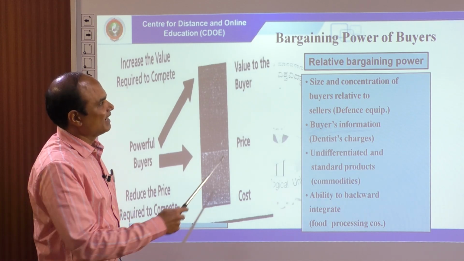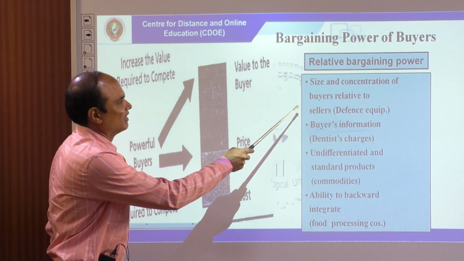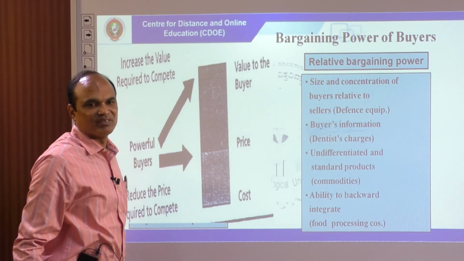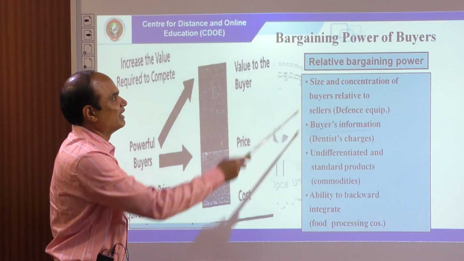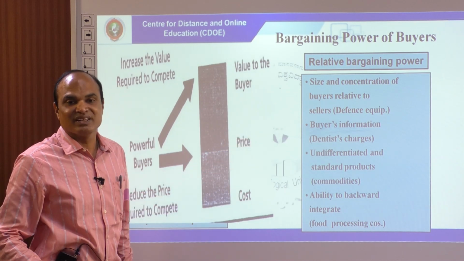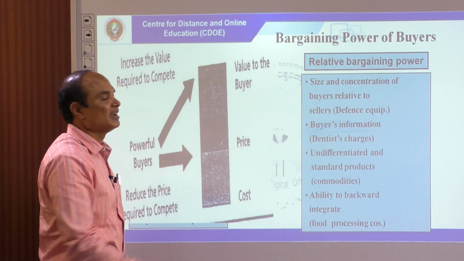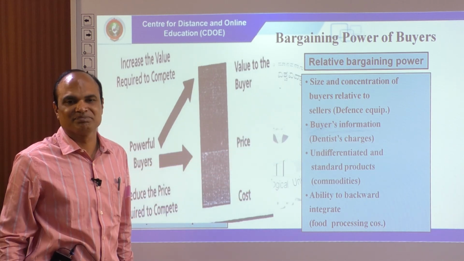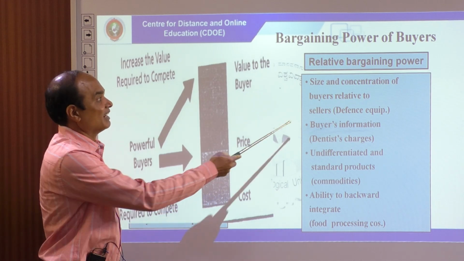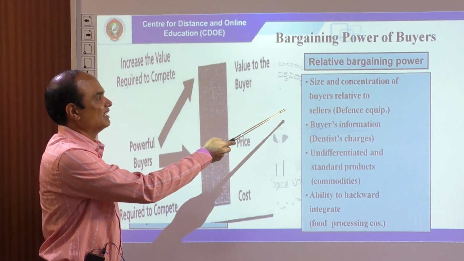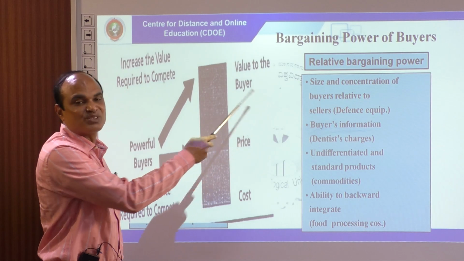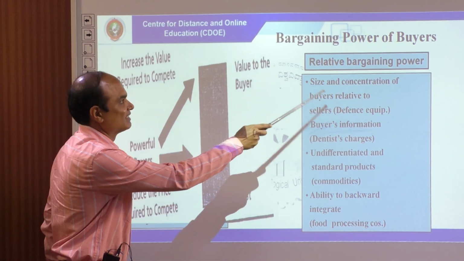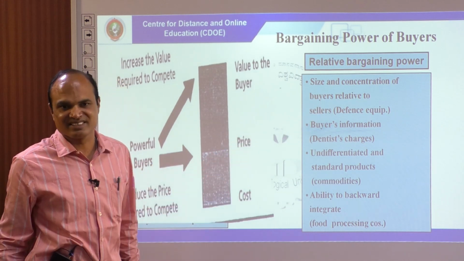Here the buyers are few, and the concentration is also low. So the sellers will have better price negotiating ability with the buyers, because the size and concentration of buyers is low. It is not the buyers who select the sellers, it is the sellers who decide whom to sell to, and at what rate to sell.